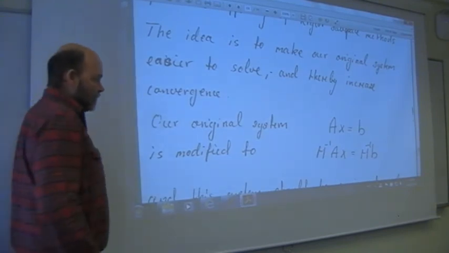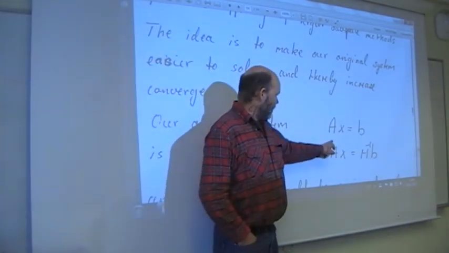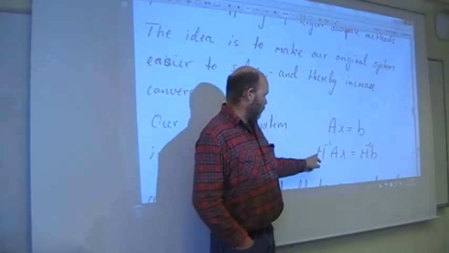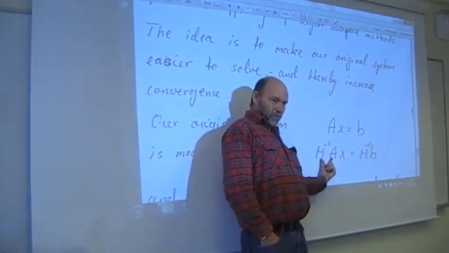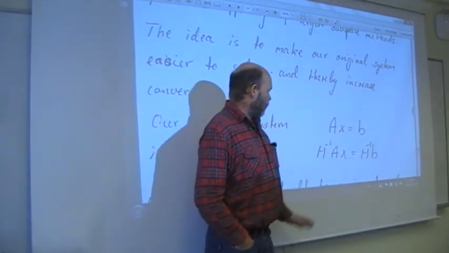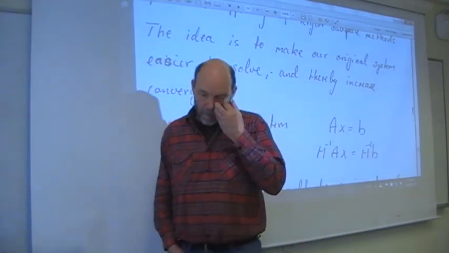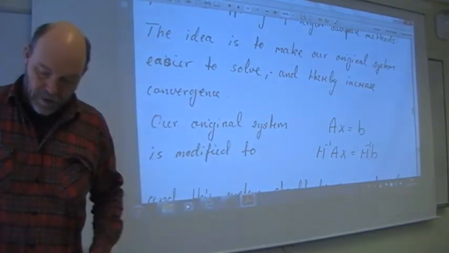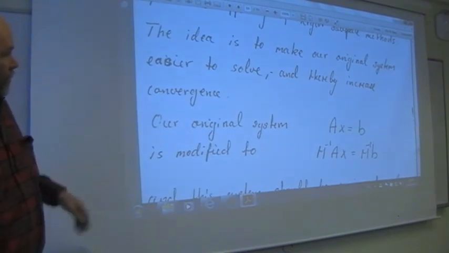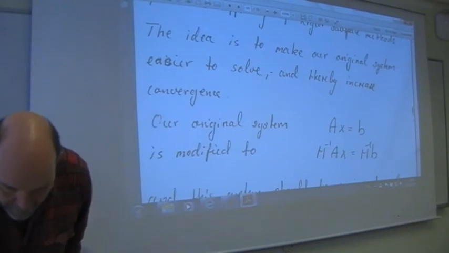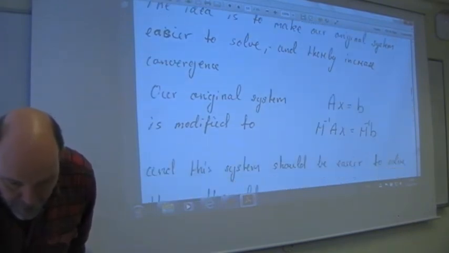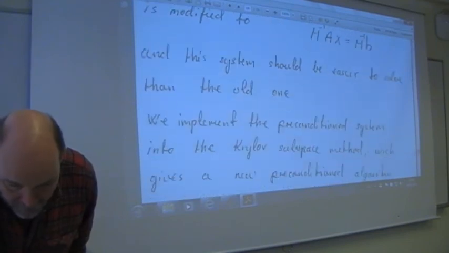But if we at least could create or design a matrix here which will make this product closer to A inverse, of course it will be easier to solve the problem. So that's sort of the philosophy behind this preconditioning. We should do some tricks here first, and then this conjugate gradient method will be much more efficient, much faster.